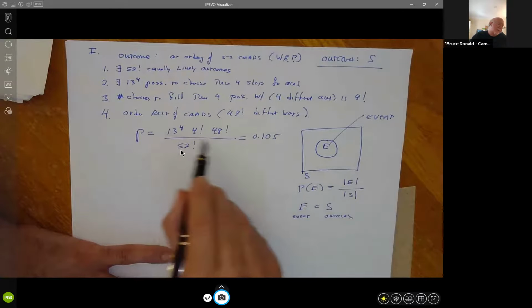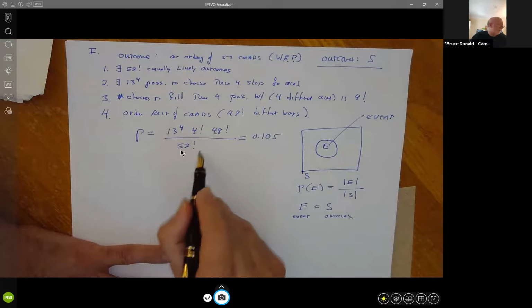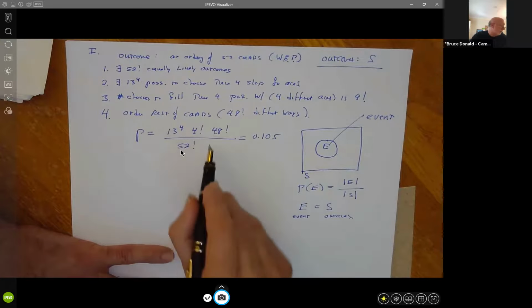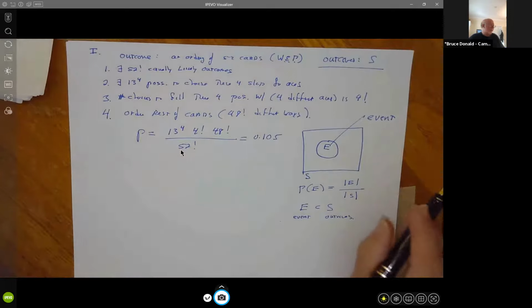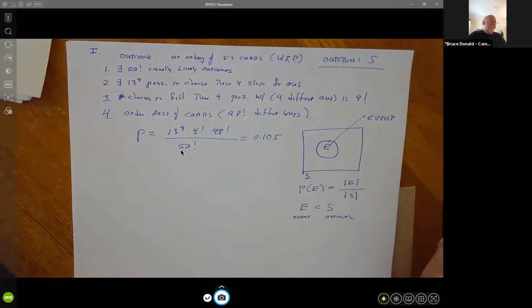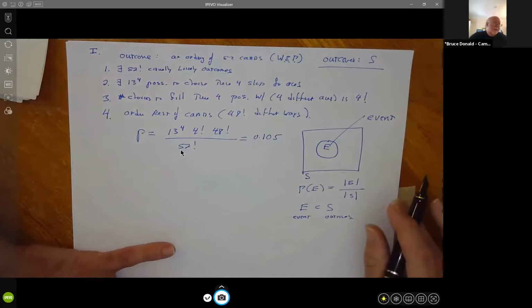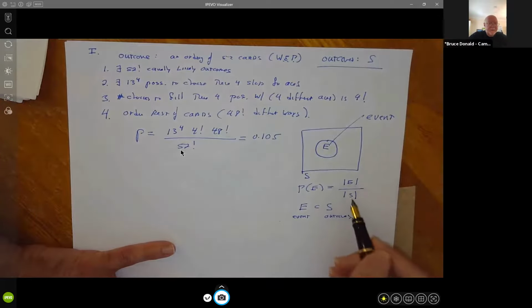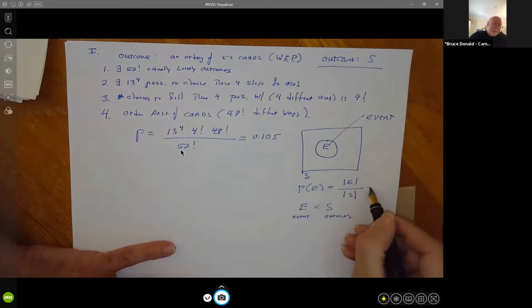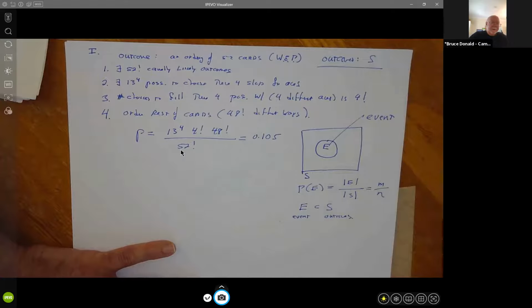So this is the size of our event in the numerator. This is the size of our total space of outcomes here. And so this is a fairly universal recipe for calculating probabilities. It works particularly well in the discrete and finite case because the sizes of these are finite numbers. This will be equal to something like m over n. And we just calculate these using combinatorics and we divide them.